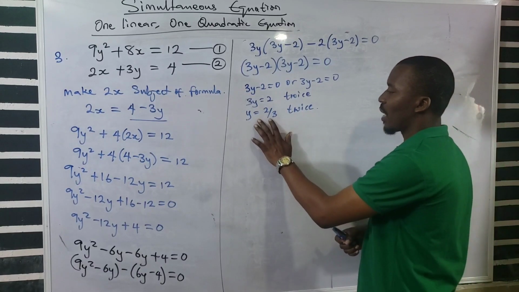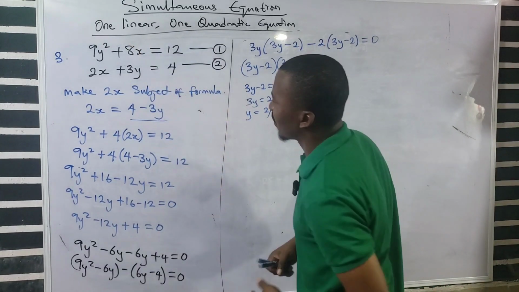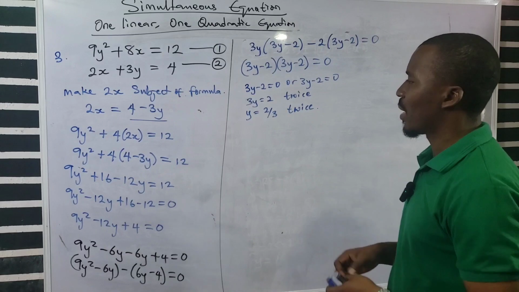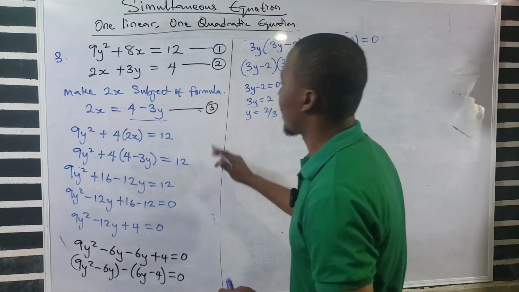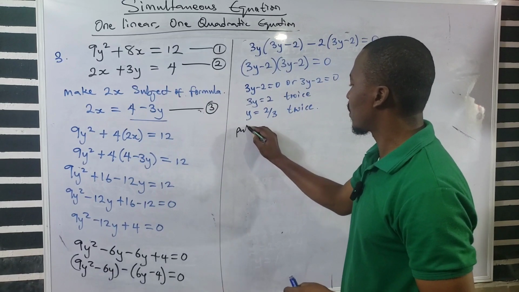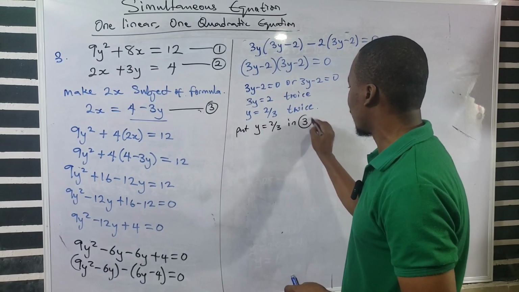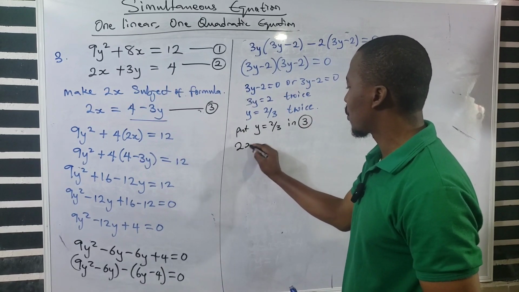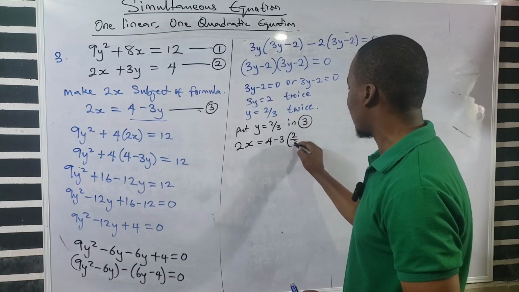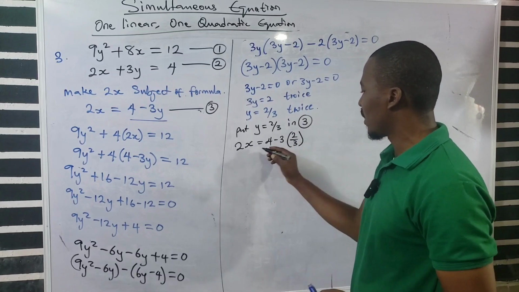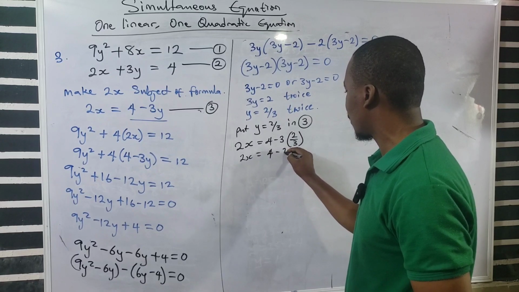Now that we have gotten y in this, we can just put it here or put it in any of the equations to get our s. So let's call this one equation 3 so that we can make reference to it. So put y equals 2 over 3 in equation 3. So that will give you 2s equals 4 minus 3 into 2 over 3. So when you simplify this, you have that 2s equals 4 minus 2.